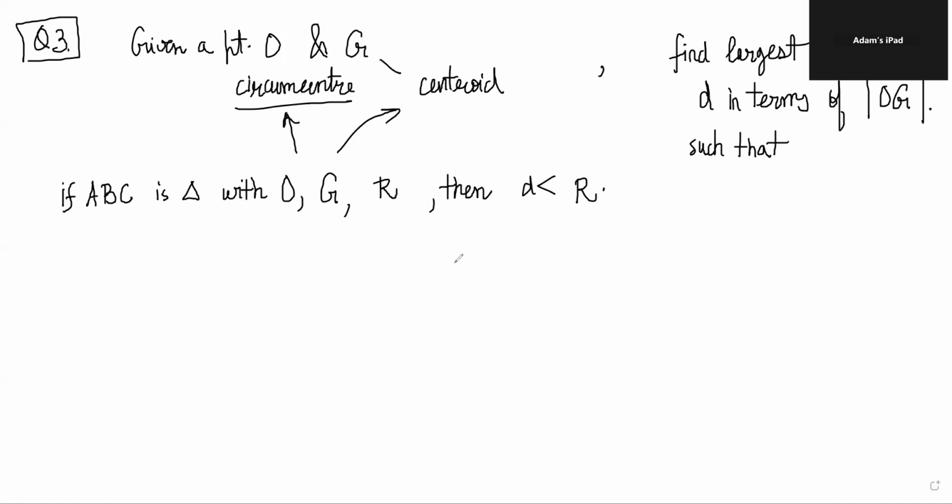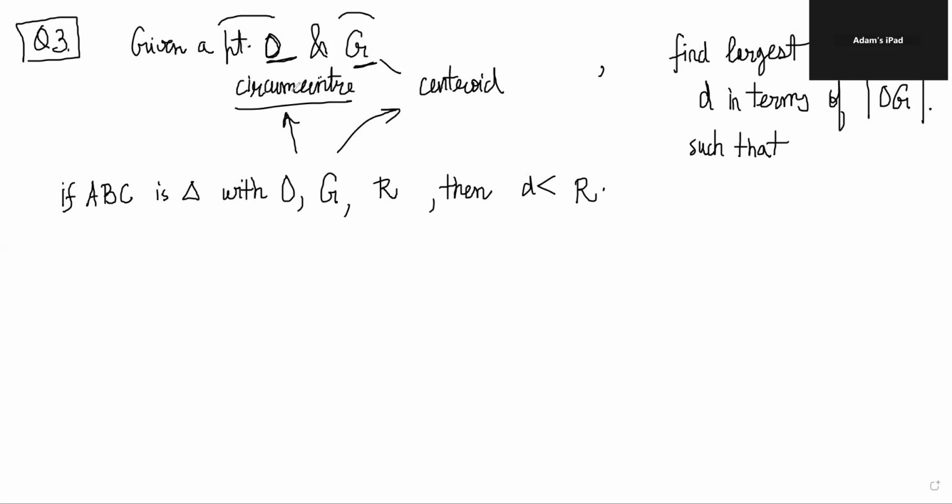So the thing is, if the points O and G are fixed, technically you have fixed the distance between circumcenter and centroid. So basically, there will be only very few triangles that will be possible. If you have fixed the distance, then it's not like any R is possible. If you fix circumcenter and centroid, then it's not like you can draw arbitrary triangles.